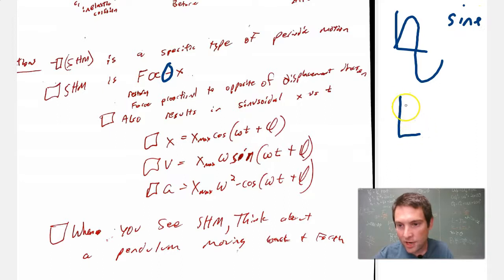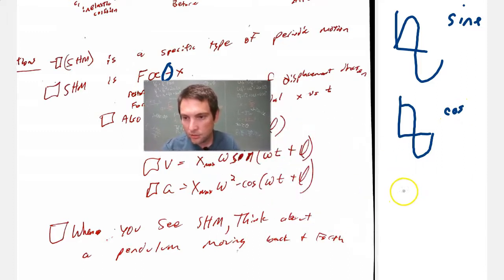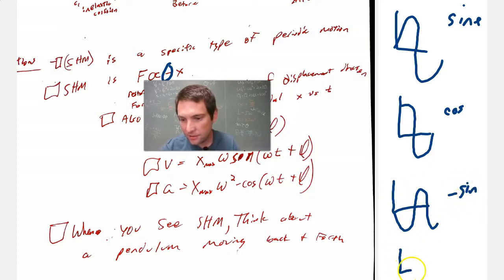If you start with a graph that starts positive and goes towards 0, this is cosine. If you start with a graph that starts at 0 and goes negative, this is negative sine. And then finally, if you start with a graph that starts negative and goes towards 0, this is negative cosine.